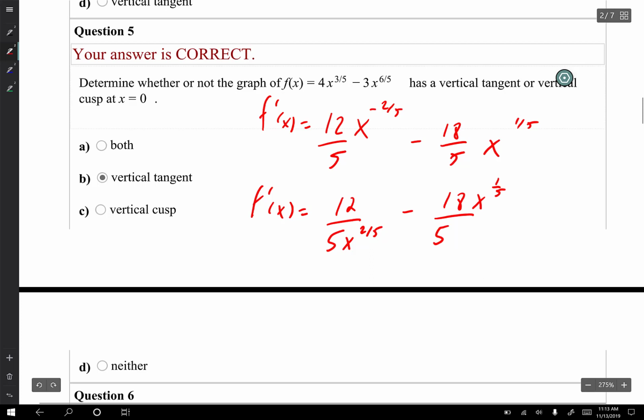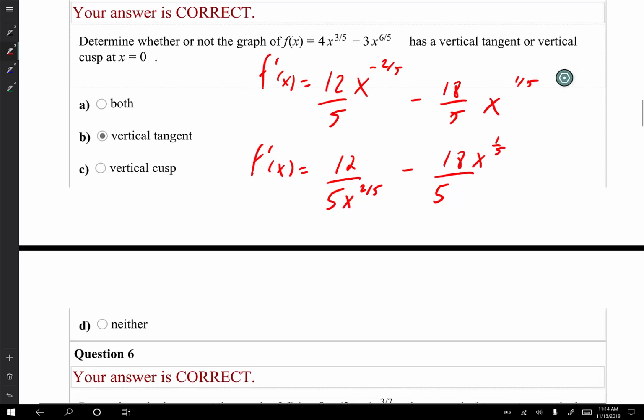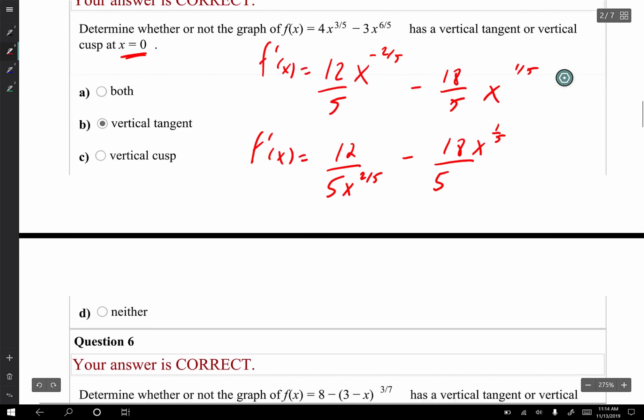I can already see that I have undefined whenever x is 0, guys. But it said x equals 0, so let's just evaluate it.